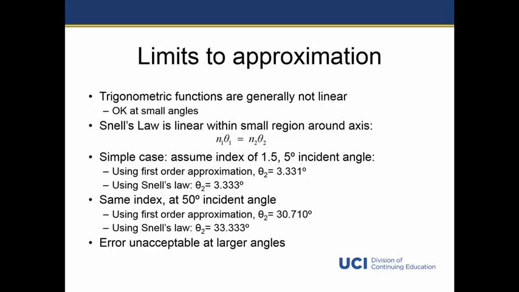So here is where the error is. But what this is telling us is that this 3 degree error in the angle of refraction is unacceptable. So as the angle of incidence gets larger, the error becomes unacceptable. But as long as we stay within this paraxial region for our first order calculations, our answers are going to be sufficiently accurate.